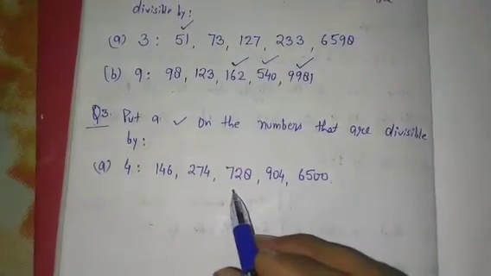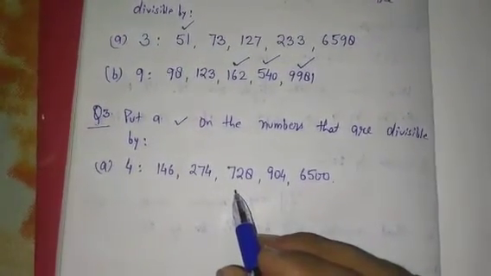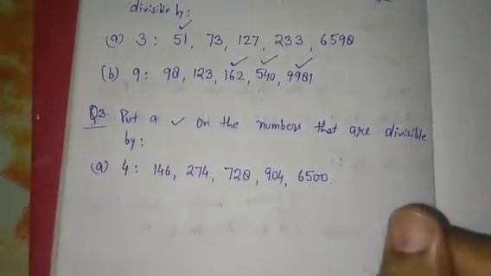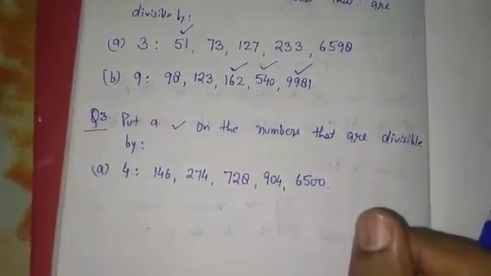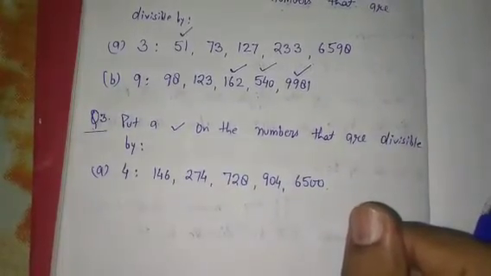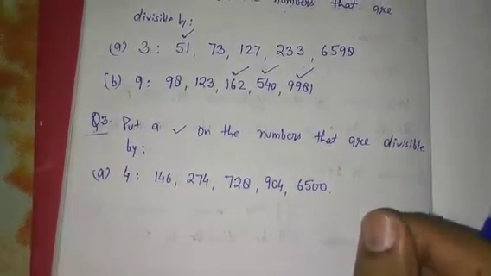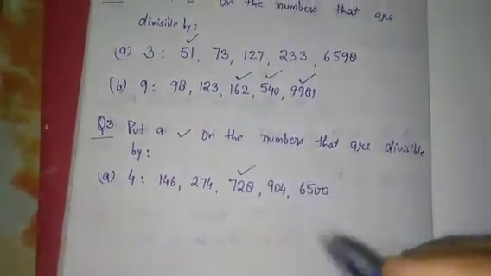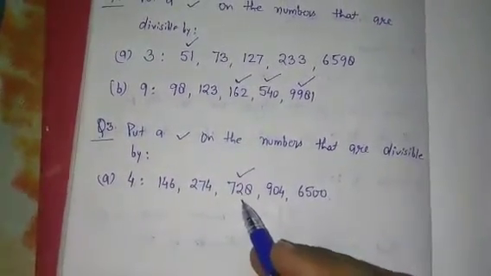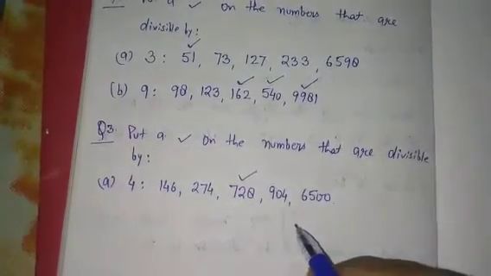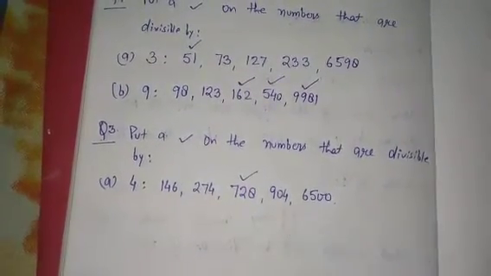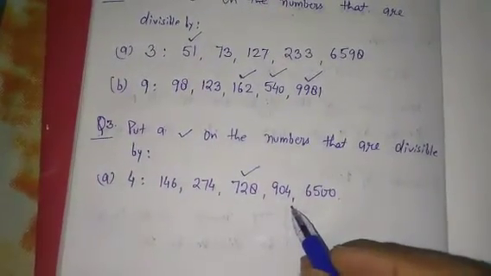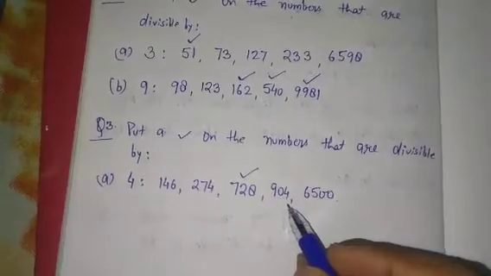Another number is 728. In 728 the last two digits are 28. If we want to divide 28, we can easily divide it. 4 sevens are 28. It means 728 is also divisible by 4. So you can put the tick mark here. The next number is 904, and here the last two digits are 04.